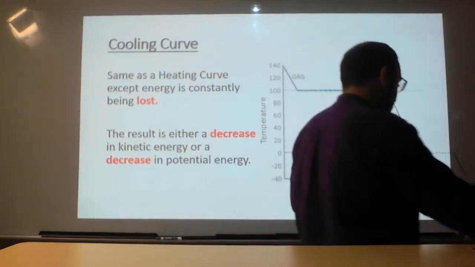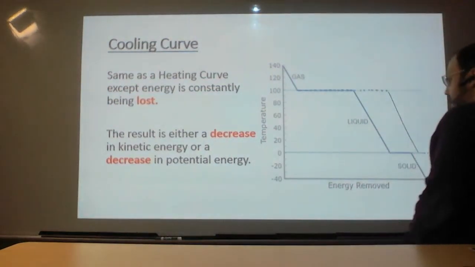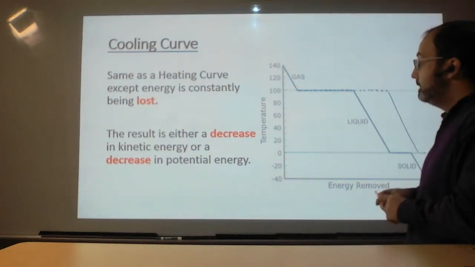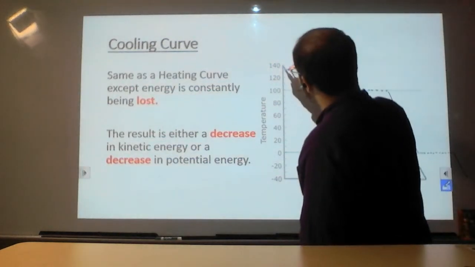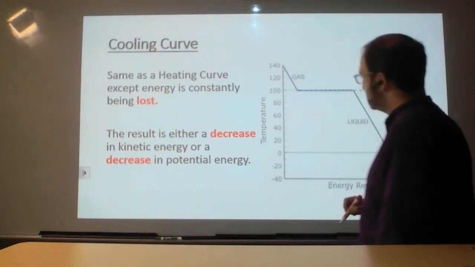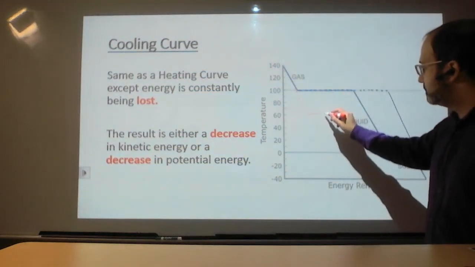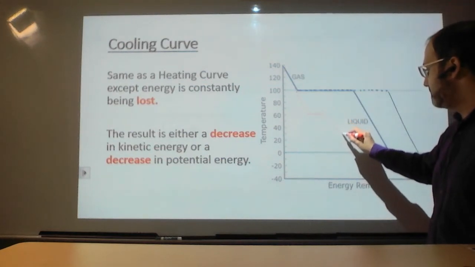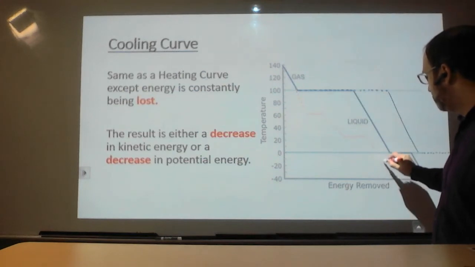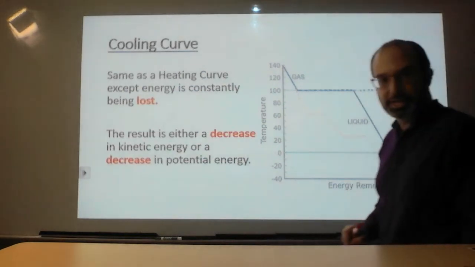On the other end, if I get another color out, maybe let's do red, and I was talking about a totally different material, maybe it cools down for a long time, and then it hits 60, and then it condenses very quickly, and then it cools down some more, and then maybe I'm going to make it freeze at 20, and then it just keeps cooling all the way down like this, right?